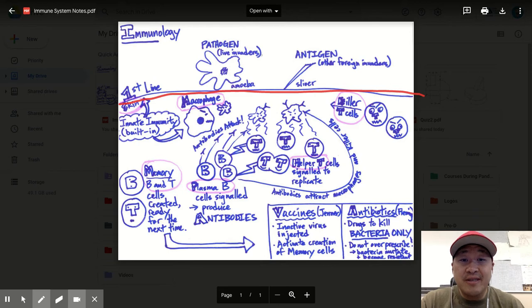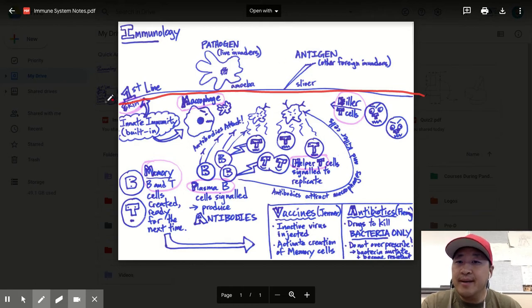Now, antigens can also go into your body. So it's any type of foreign material, even a sliver could be considered an antigen, or even virus parts or parts of anything. So anything that is in your body that doesn't belong there can be considered an antigen.